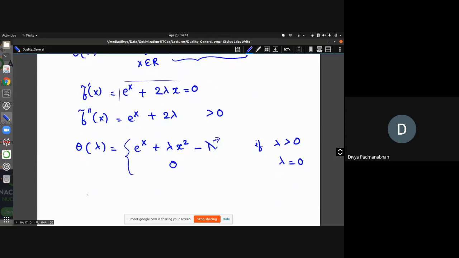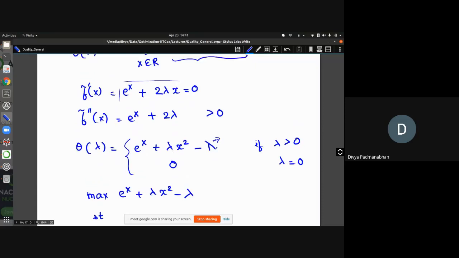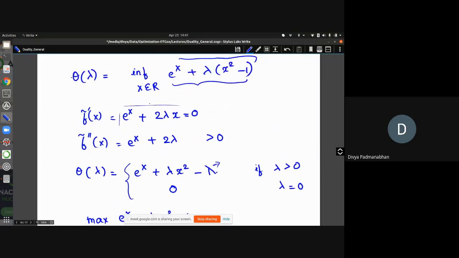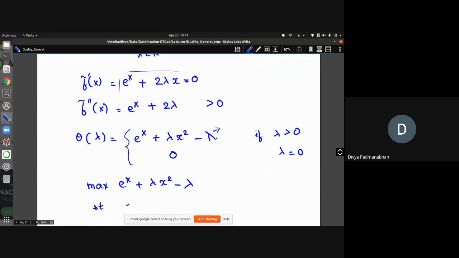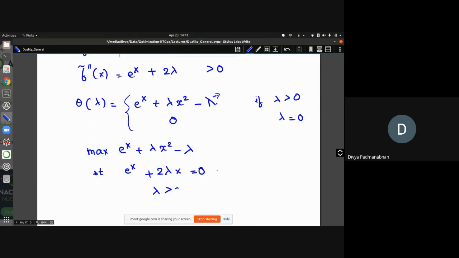So the dual you're going to get would be: maximize e^x plus lambda x^2 minus lambda, subject to these constraints. This x has to satisfy this, because that is the one which minimizes the Lagrangian. So it also needs to satisfy that e^x plus 2 lambda x is equal to 0, and you are also taking lambda greater than 0.